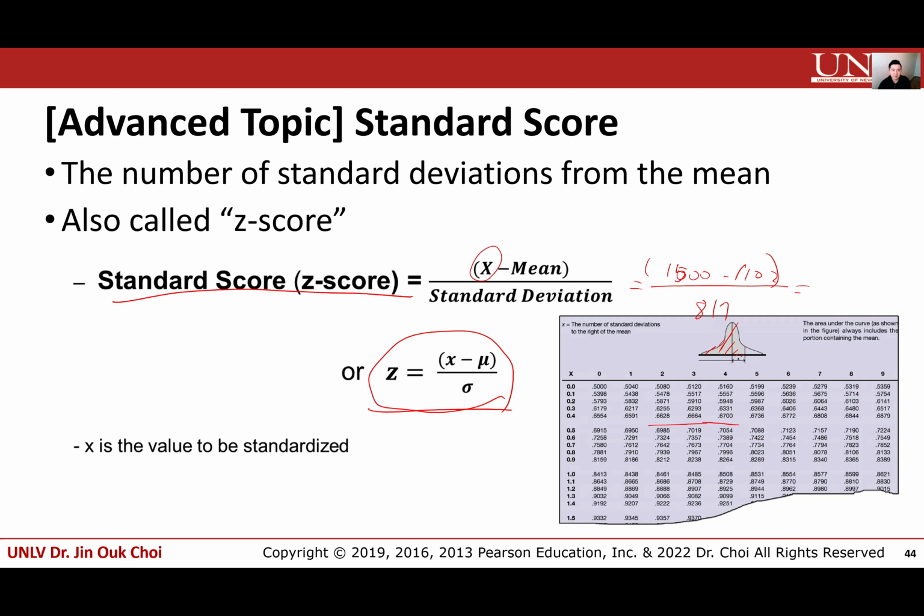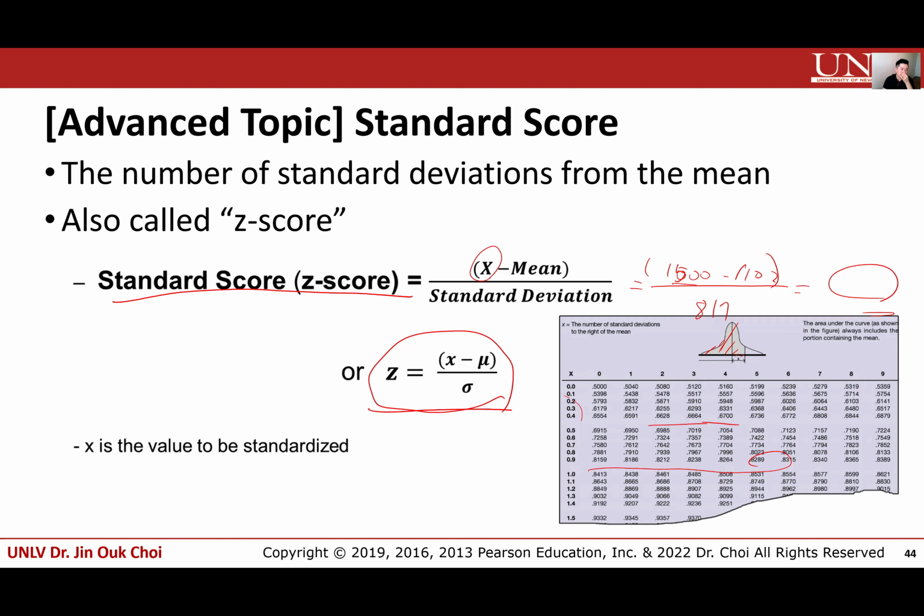Then we are able to calculate a certain z-score, and once we calculate the z-score, we are able to find the probability of how likely it is to exceed or be within the $1,500 compared to the mean, which is $1,100.